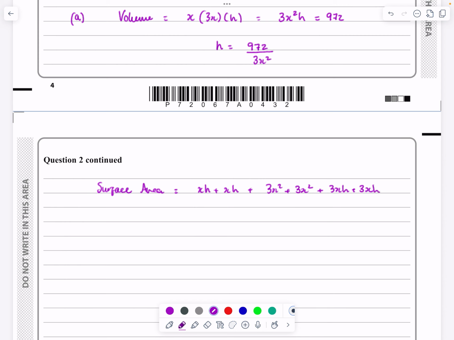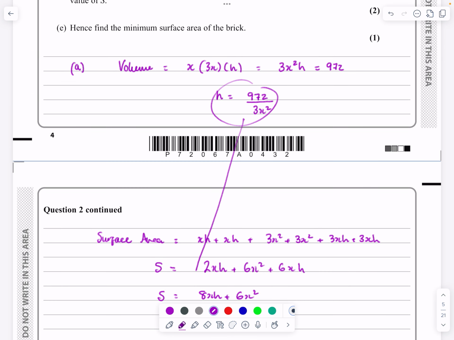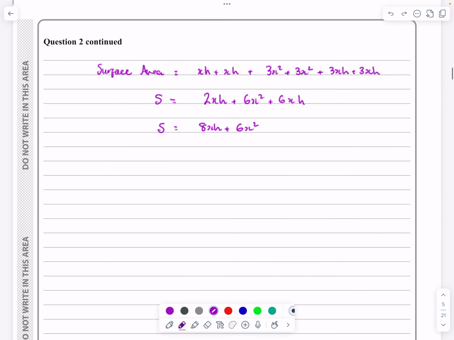Obviously I could do that a little bit quicker, but let's take the time to work that out. That's 2xh plus 6x squared plus 6xh. Oh, sorry, the xh's are the same as well, aren't they? So that's even easier. It's 8xh plus 6x squared, but I now know that this h can go into that formula there, so the function I'll have won't have any h's in, and hopefully it's going to be exactly what they've asked me to do.